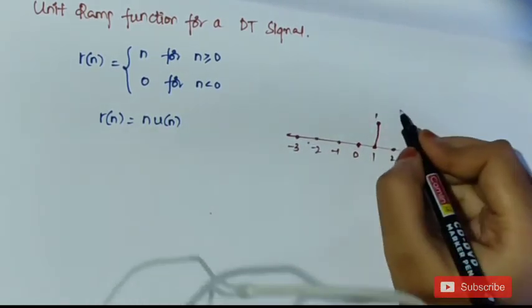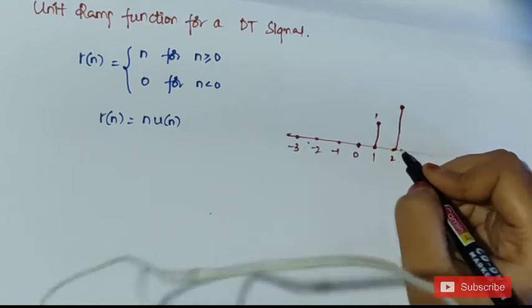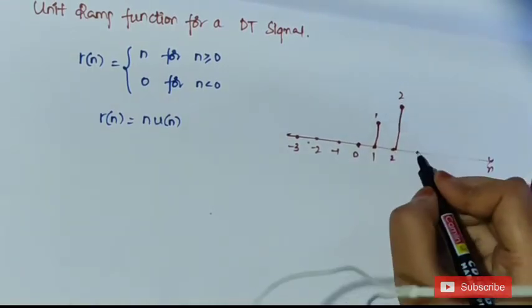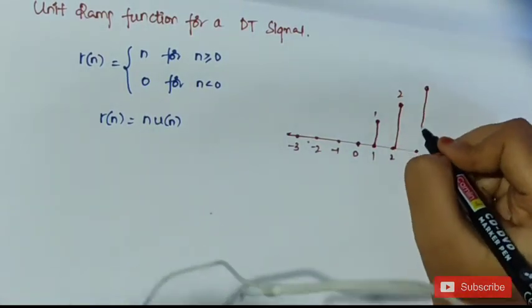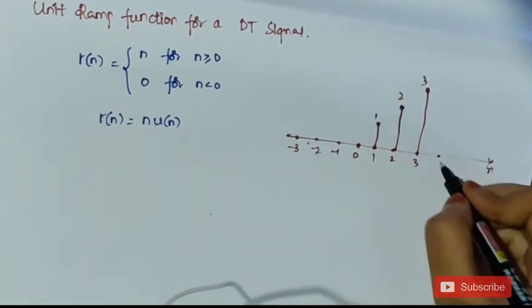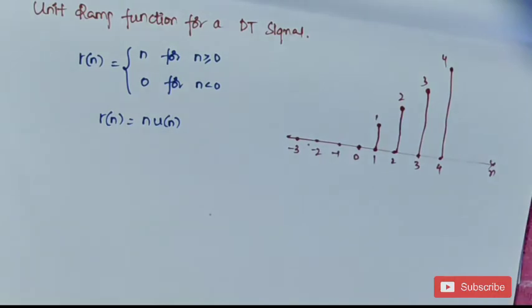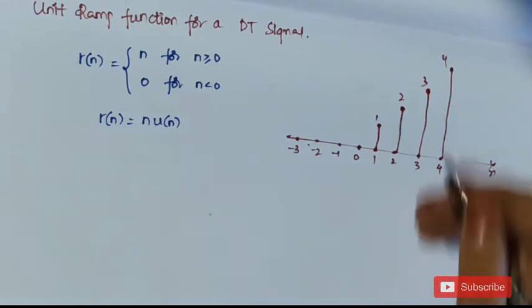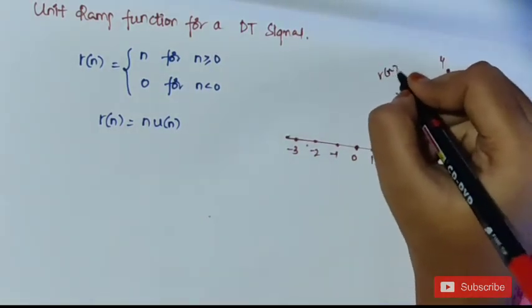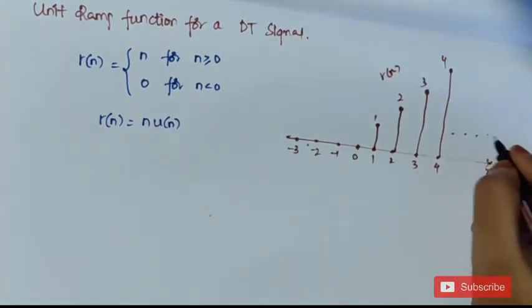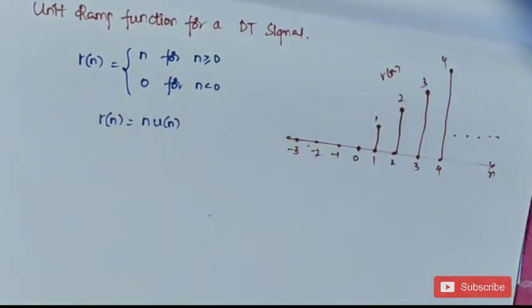At 2, its value is 2. At 3, its value is 3. At 4, its value is 4. Since the slope of the unit ramp function is 1, at 0 its value is 0, at 1 its value is 1, at 3 its value is 3, and at 4 its value is 4. This is about the unit ramp function for a discrete time signal.